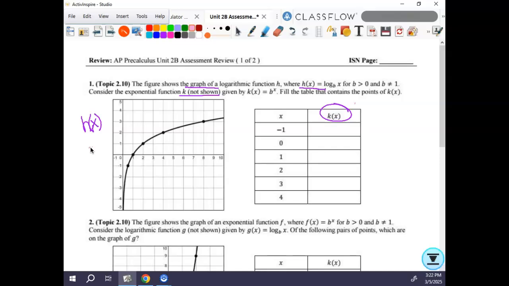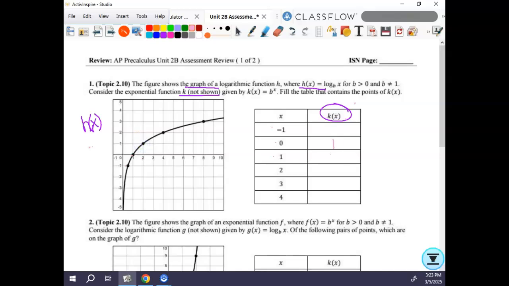So if I have my input is -1 for k, it would be my output here for h. I don't want to have to guess at a number, so maybe I'll skip that one for now. My input here is 0, so my output would be 0, and that would be 1. And then this one, input here is 1, so output here is 1.